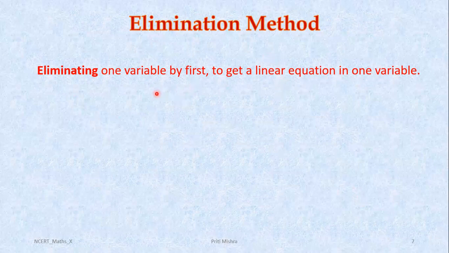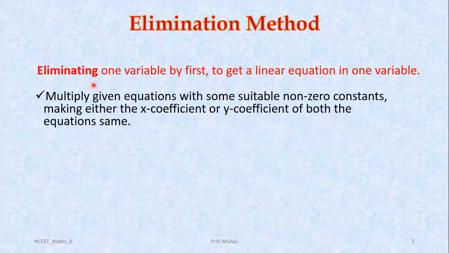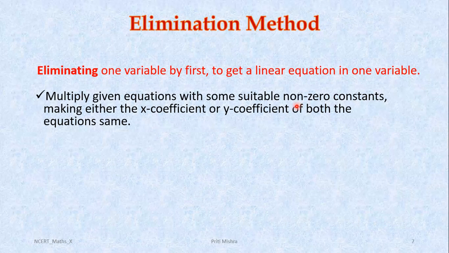What steps do we have to cover for this method? Let's find out. Multiply the given equations by suitable non-zero constants, right? That means for both equations, we have to make the coefficient of one variable equal, either the x coefficient or the y coefficient, the same in both equations.